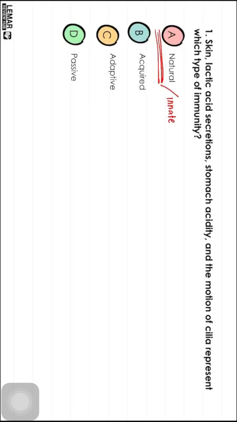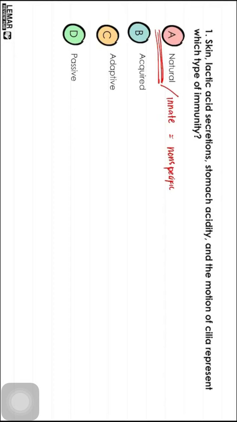So this gives protection that is non-specific, and is readily available from the individual's body. Ito po yung kasamahan ng tears or luha, saliva, earwax, examples of the external natural or innate immune system.